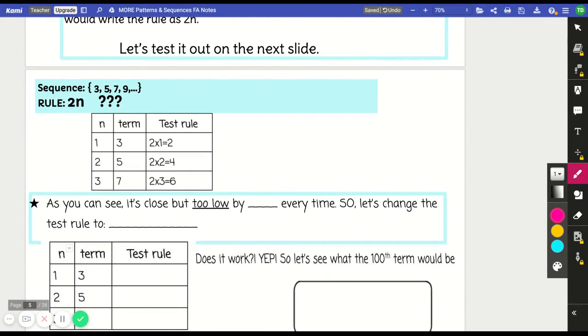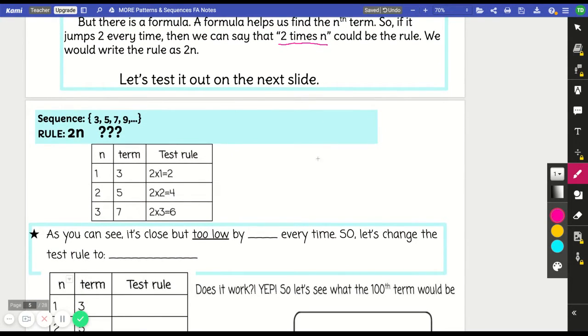Let's test it out. So we're using 2n as our rule, and we have the terms 3, 5, and 7. 3 is the first term, 5 is the second term, 7 is the third term. So we take the n number and we plug it into our equation. So 2 times 1 is 2. Does it equal 3?